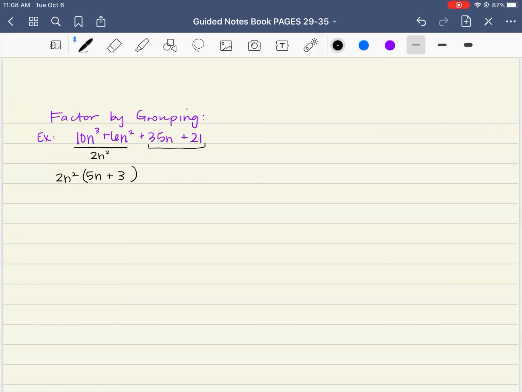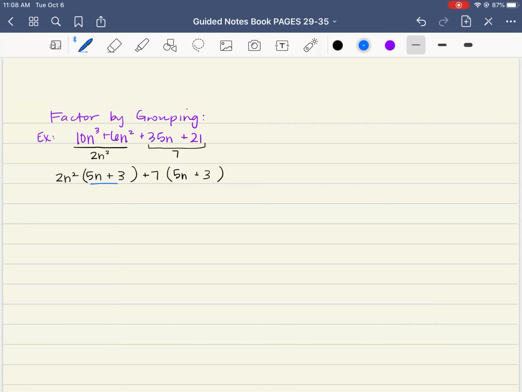Once you have the first group done, you move to the next group. So 35n plus 21. Well, 35 and 21 are both divisible by 7. So I'm going to put that positive 7 out front. Then we look at what it would be if we do 35n divided by 7. Well, that's just 5n. 21 divided by 7 is a positive 3.